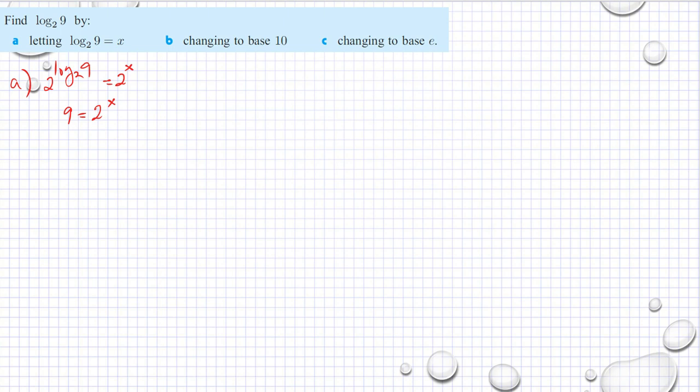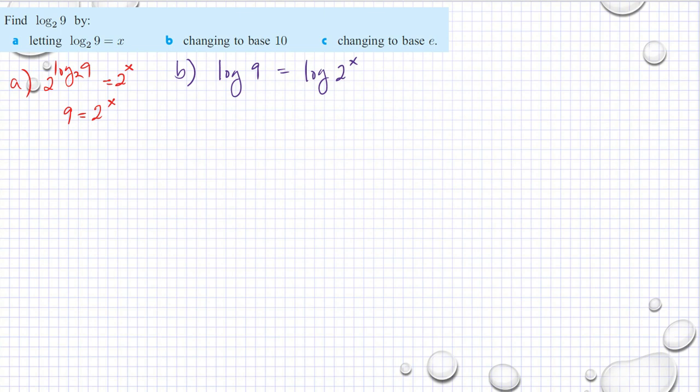And then for b, changing to base 10, if we use the properties of logarithm, we have logarithm of 9 is equal to logarithm of 2 raised to x with the base 10.